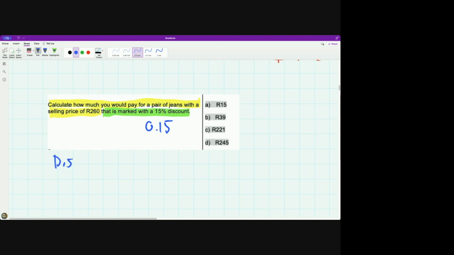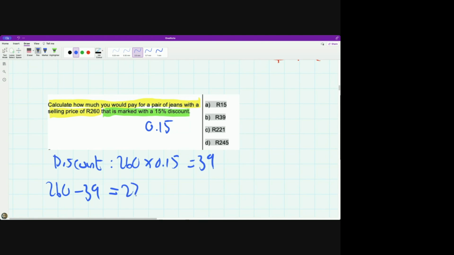There's a couple of ways you can do this. If you want to know how much the discount is, you would say 260 times 0.15, but there's a quicker way than this. So you get a 39 Rand discount, but then if you want to know the final price, you're going to have to say 260 minus 39, which is 221.